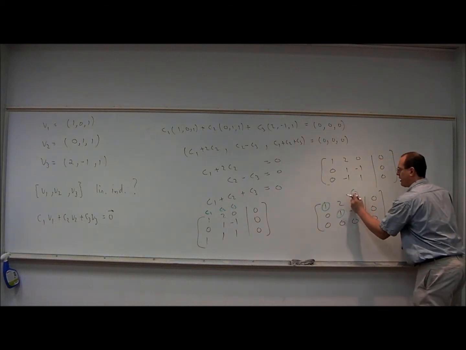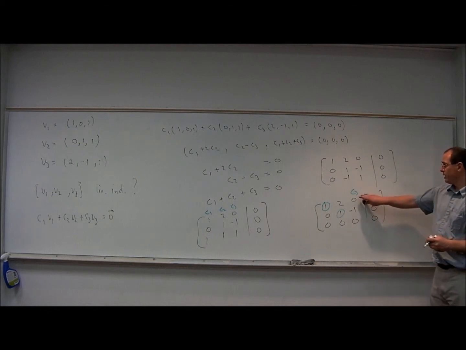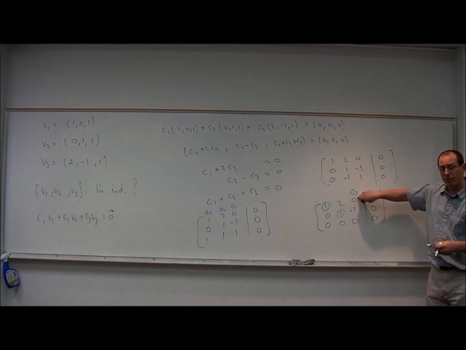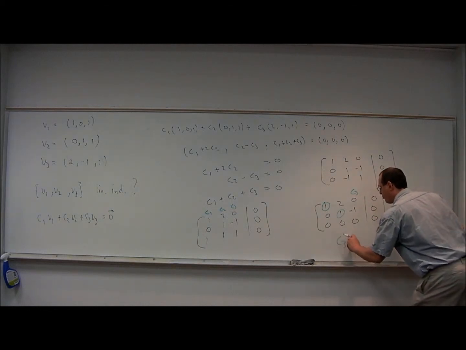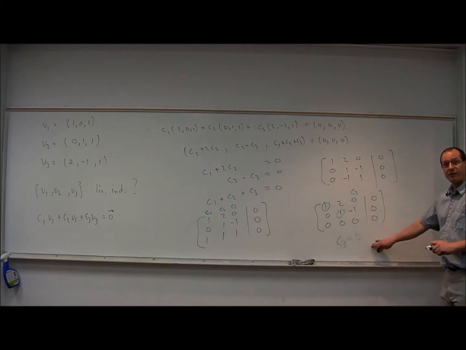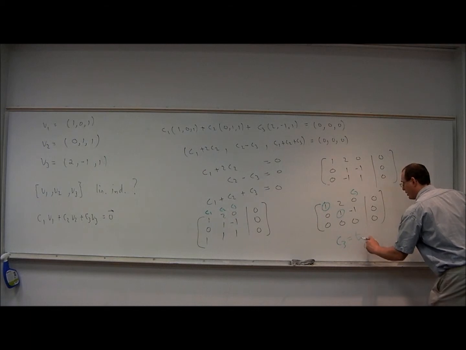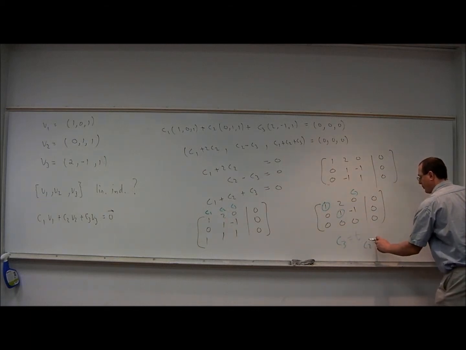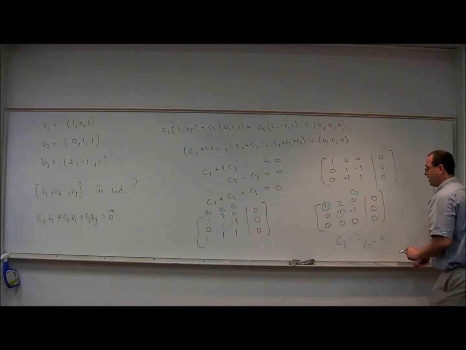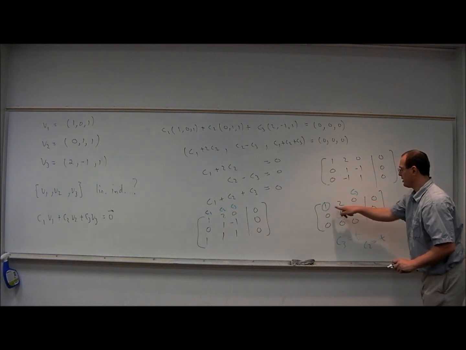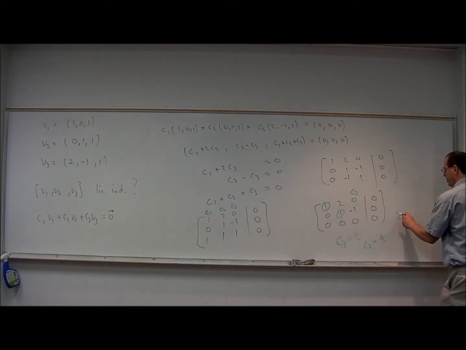And in the C3 column, there is no leading one, so C3 is a free variable. So our solutions are going to be C3 equals T. It's a free variable. Then C2 will equal C3, which is T again. And then C1 is equal to negative 2C2. So C1 is negative 2T.